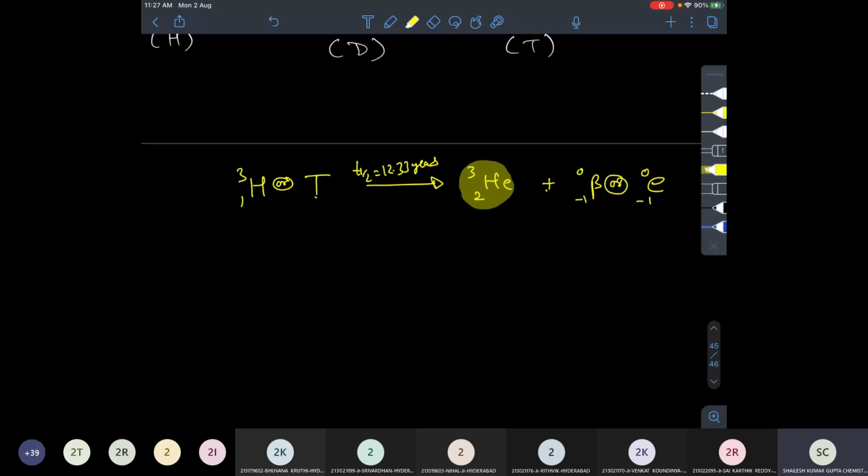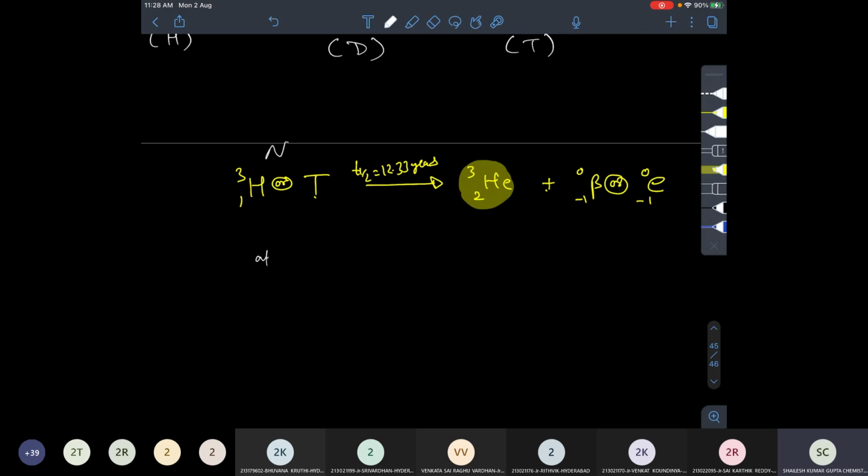The half-life is the time taken to decompose into half of the initial value. Suppose there is n number of nucleus.